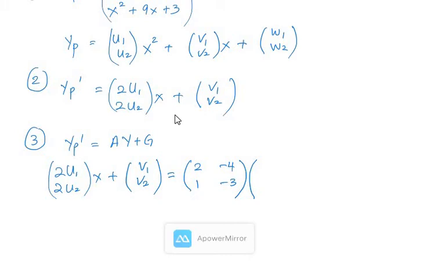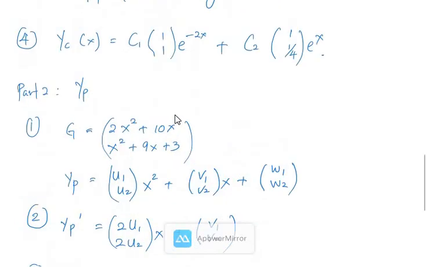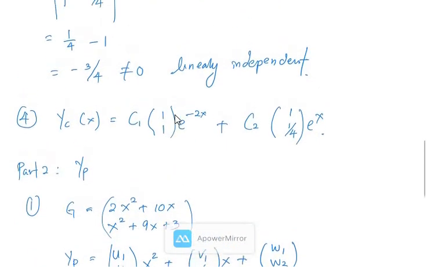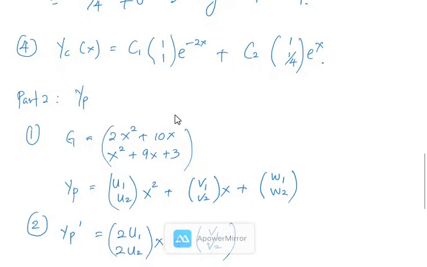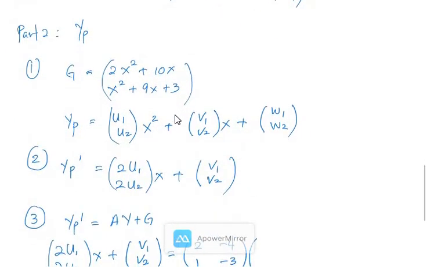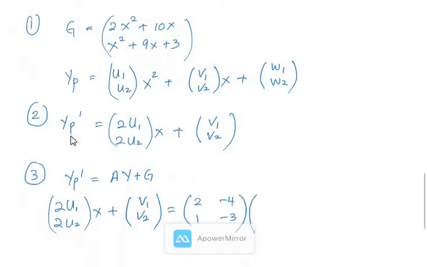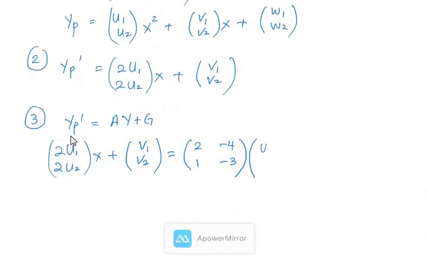Y is this one, the assumed YP. So this is your y: U1, U2, x squared plus V1, V2, x plus W1, W2.